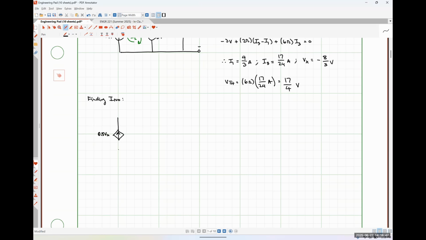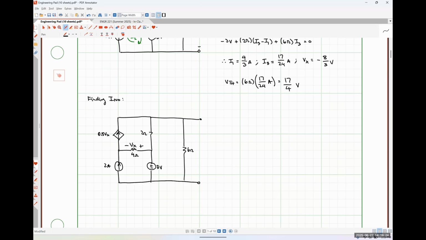So 0.5 Vx, 2 amps, and what we're going to do is we are going to short circuit those terminals.